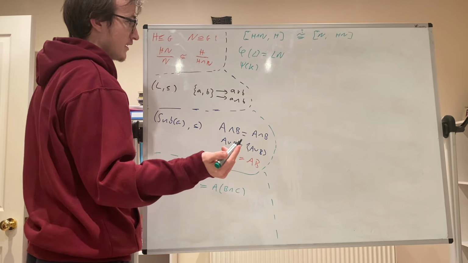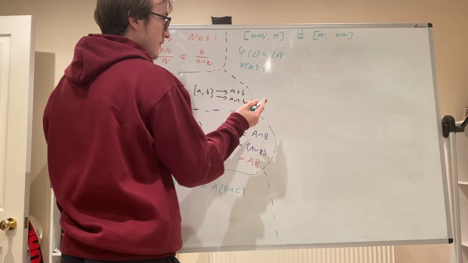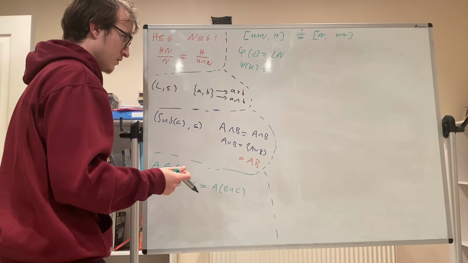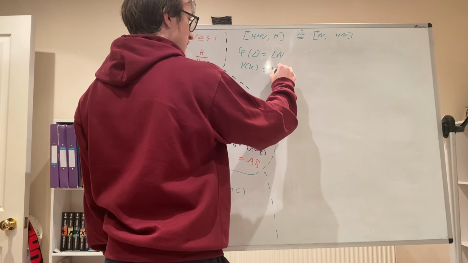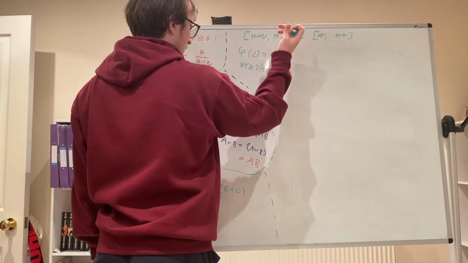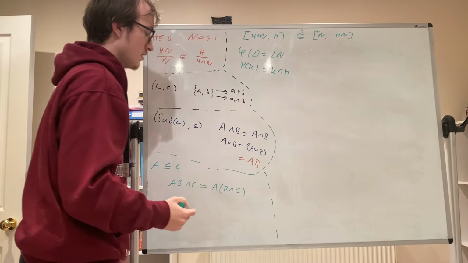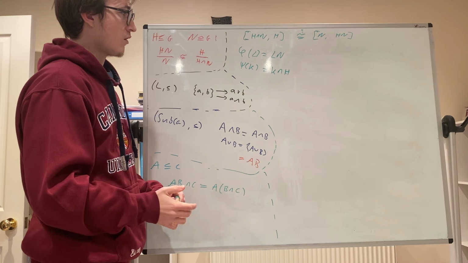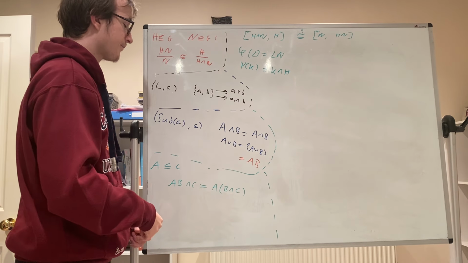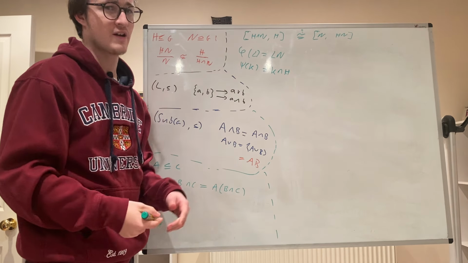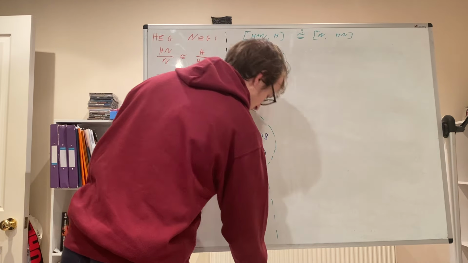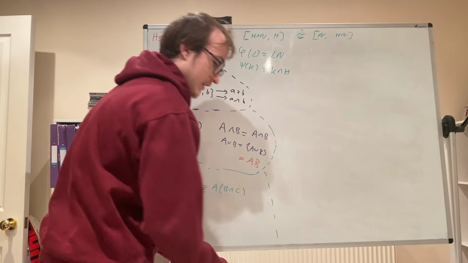So you might think, why don't we just define the inverse to be K meet H, since we took the join with N. I claim that these two are inverses, and I'm going to show one direction and the other direction you can do for yourself if you're really interested.